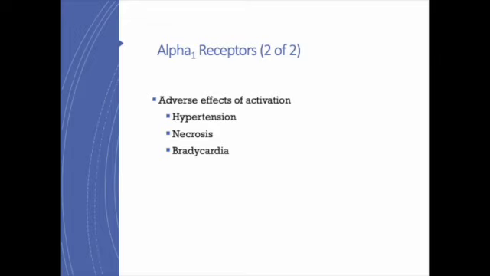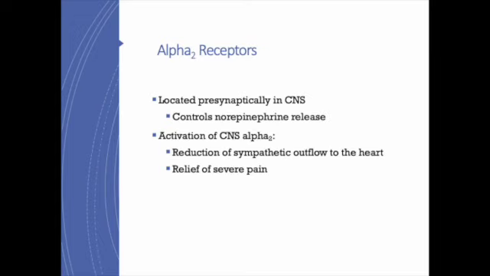In patients that don't have a lot of cardiac reserve, the decrease in cardiac output can compromise tissue perfusion overall. With our alpha 2 receptors located in the periphery, the activation inhibits norepinephrine release. And there are several adrenergic agonists like epinephrine and norepinephrine that are capable of causing this alpha 2 activation.